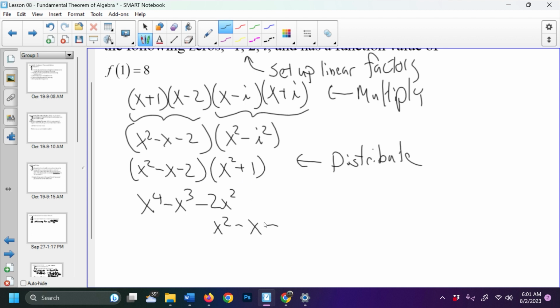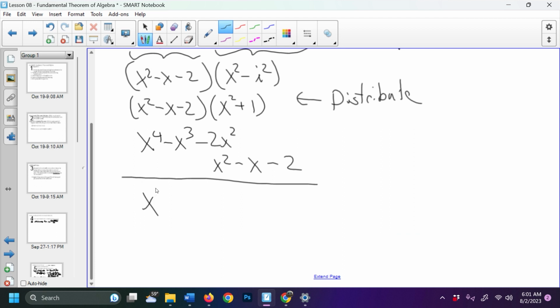And then 1 times negative 2 is negative 2. We will add everything together. x to the 4th minus x to the 3rd minus x squared minus x minus 2. And so this is the function that we think we want.